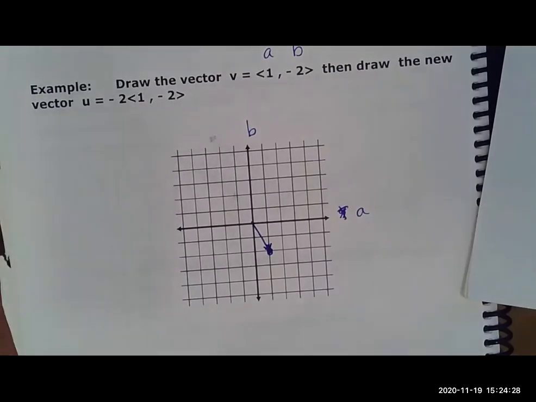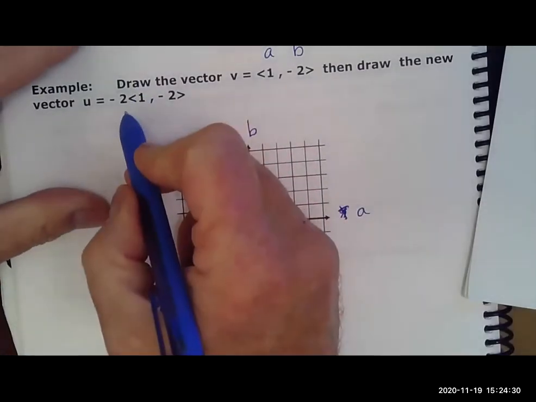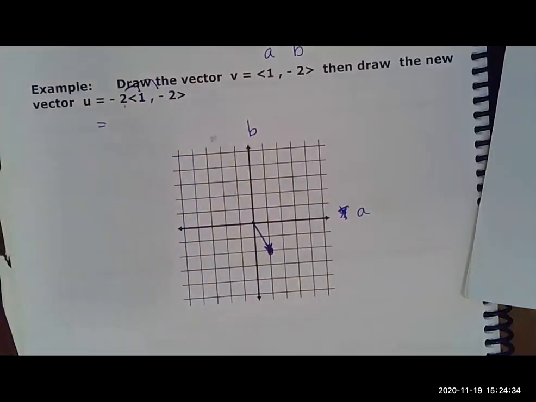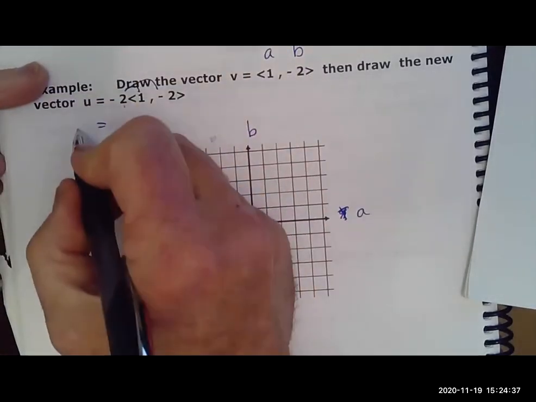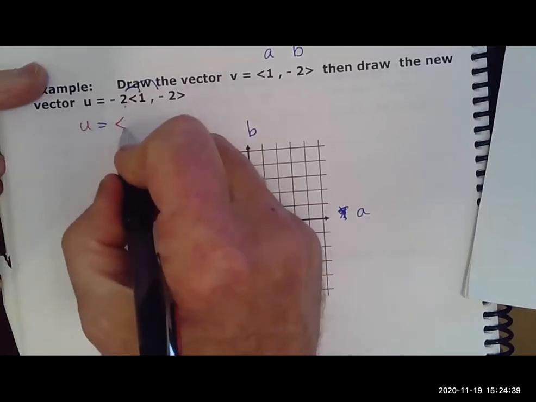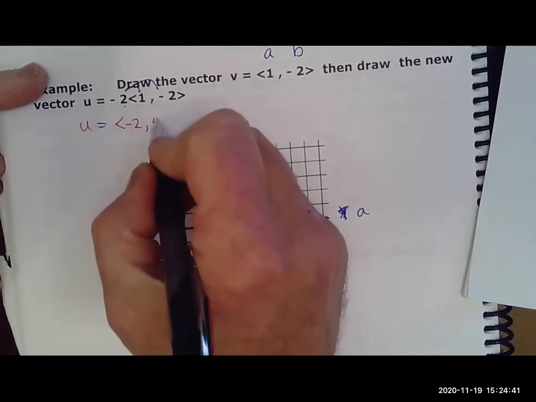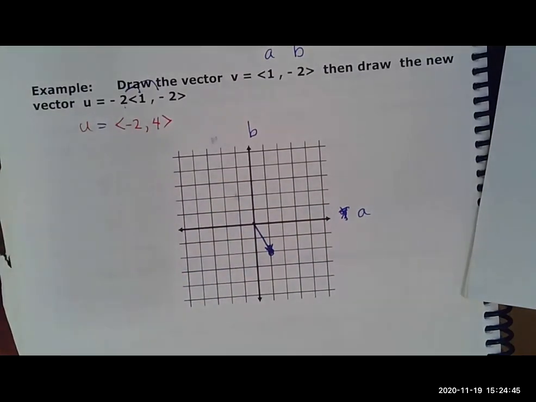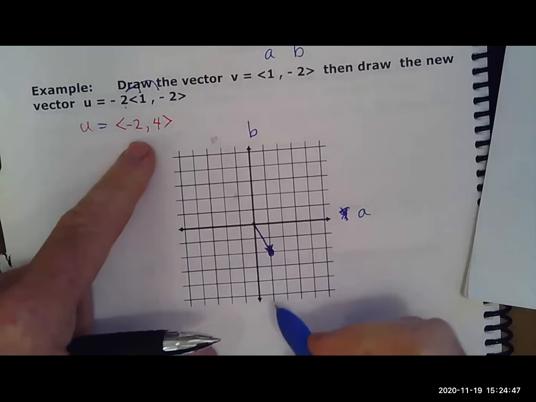Now to draw this one, all I'm going to do is distribute. It's like distributing. So U is equal to pointing -2, +4. So the negative will cause it to change the direction. And so a -2, 4.